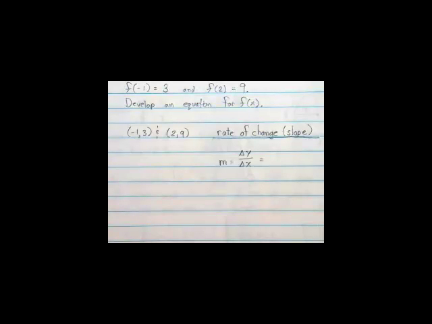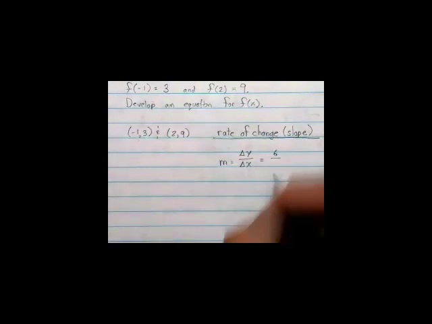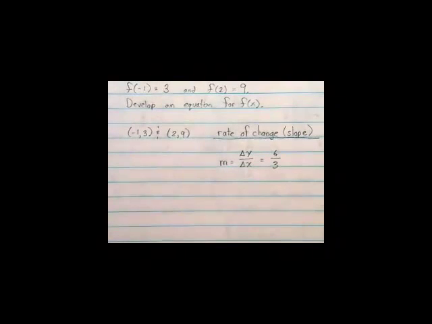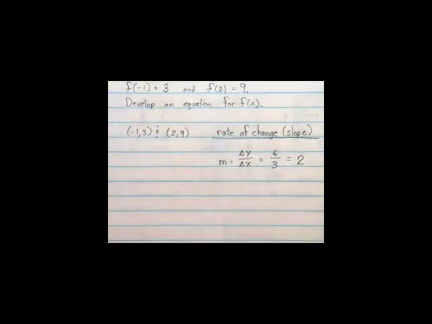My change in x, if I start at negative 1 and I count up to 2, what's the change? 3. I think it's easier to do it that way, but you can just subtract the two numbers and you got it. So in any event, the change in y is 6. The change in x is 3. So what's our slope? 2.